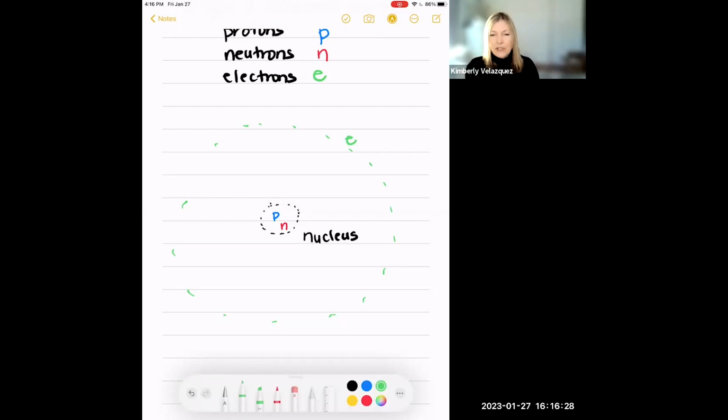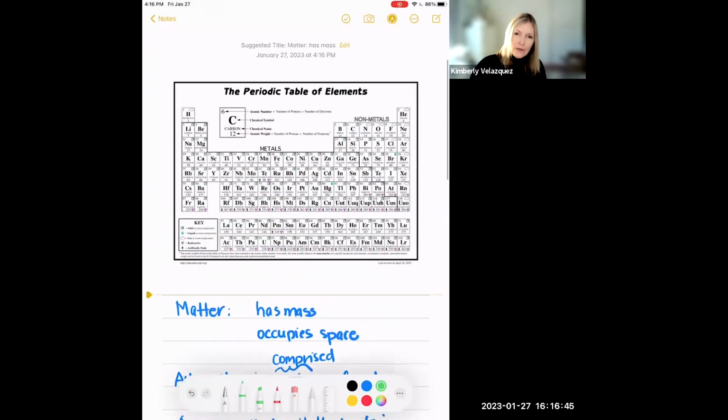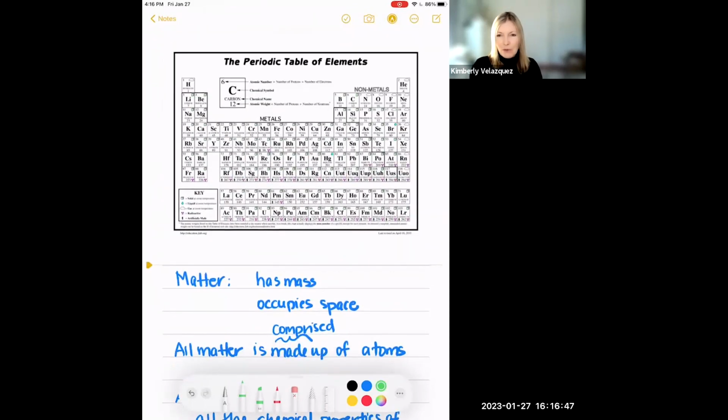The number of protons, neutrons, and electrons differs for each atom. And in particular, the number of protons that an atom has is going to determine what element you're looking at. So if we go back to that periodic table, every element on that periodic table has a different number of protons in the nucleus, and that's what's going to define that element. If you look at this periodic table, you can see hydrogen. I know this is really hard to see. It's really small.